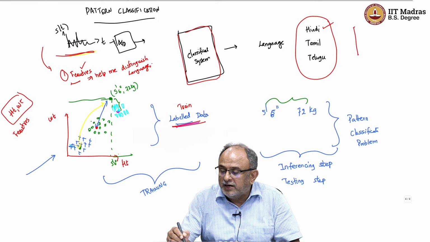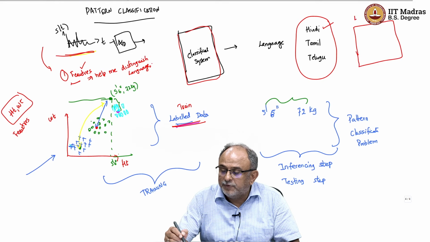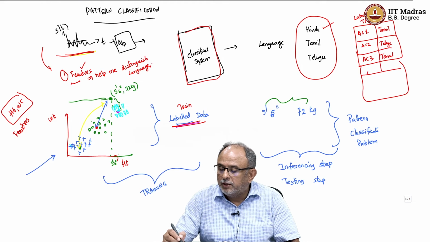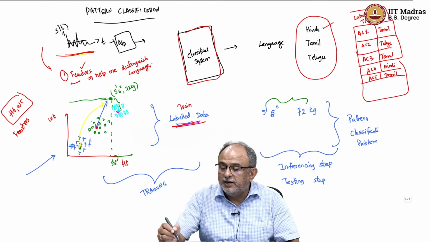So in the training data, I will have labeled training data where audio clip 1, I will know it's Tamil, audio clip 2 I know is Telugu, audio clip 3 is again Tamil, audio clip 4 is Hindi, and so on. I'll keep generating audio clips and have the corresponding labeled training data.